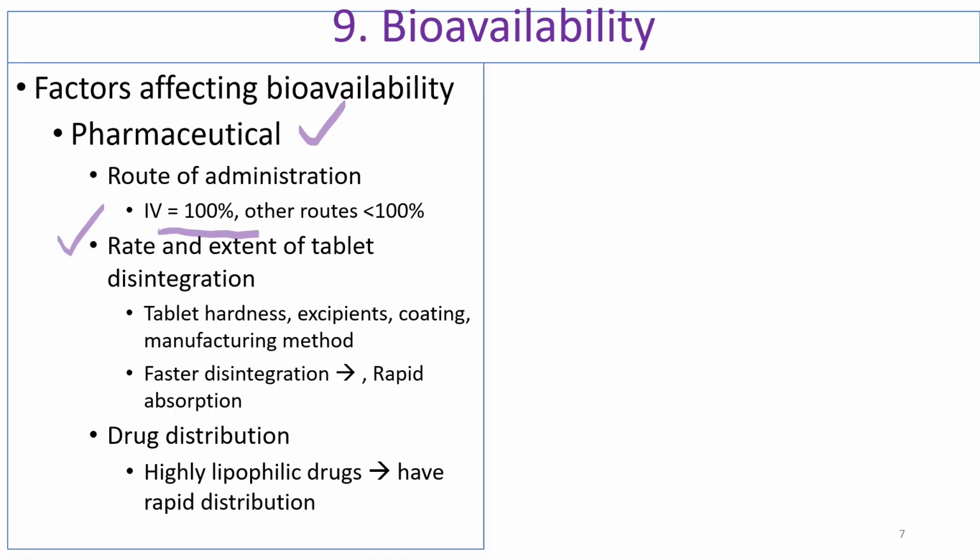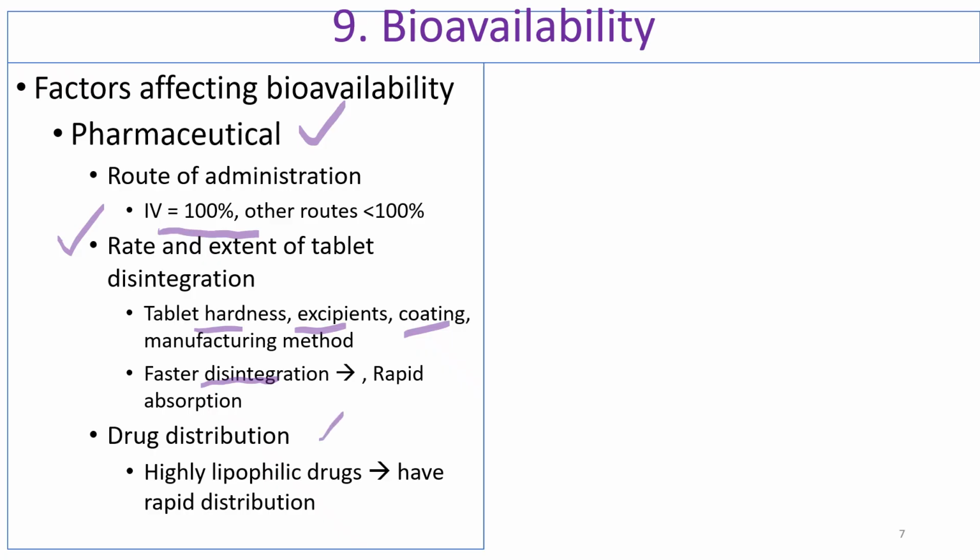The tablet contains a lot of excipients, so hardness and coating matter. Depending on disintegration, the bioavailability will vary. If the drug has faster disintegration, for example gels or liquid forms, they have rapid dissolution, so they are more bioavailable. Less dissolution means less bioavailable.